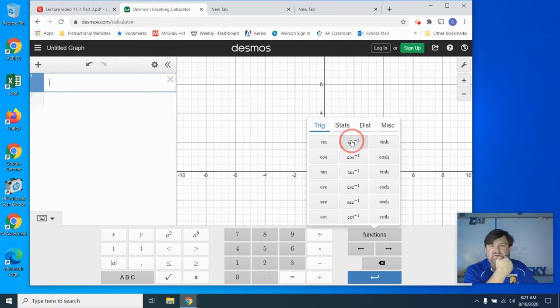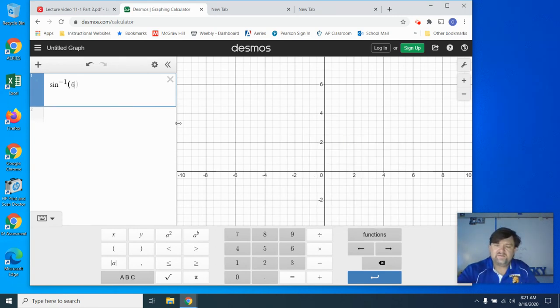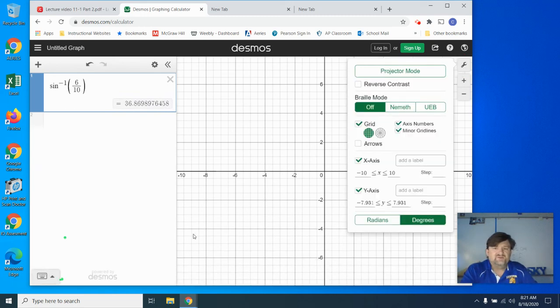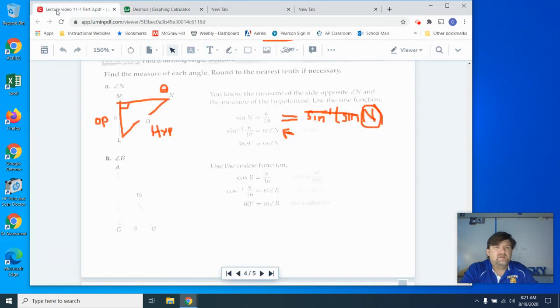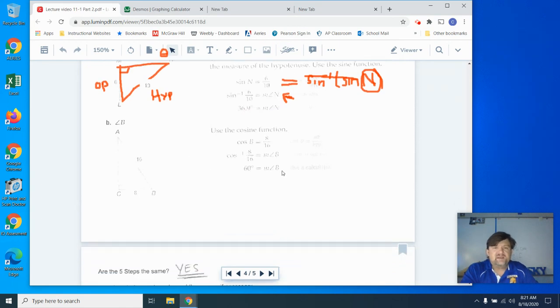So we just go inverse sine, and it's 6 divided by 10. And remember, make sure you're in degrees. So always make sure you're in degrees. Once you change it, you usually stay there. So our angle is approximately 36.86 or 87 degrees. And if you go back here, they have 36.9. So they round it a little bit. So that's the idea. Same idea with this one here.